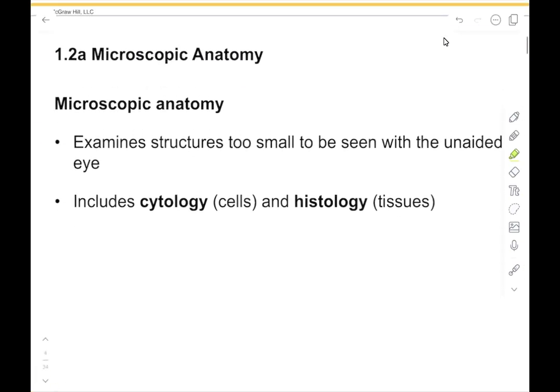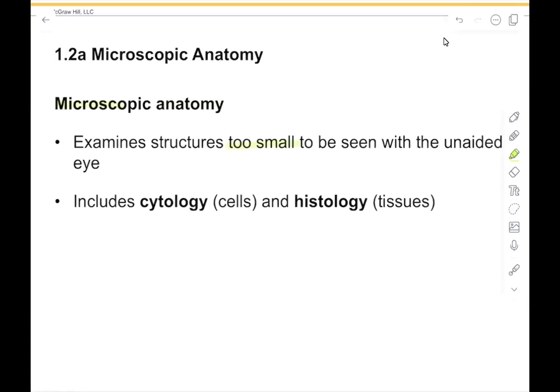So one example of anatomy is at a very small level, which we cannot see with the naked eye. It requires a microscope. And that microscopy allows us to examine structures that are too small to be seen with the unaided eye.